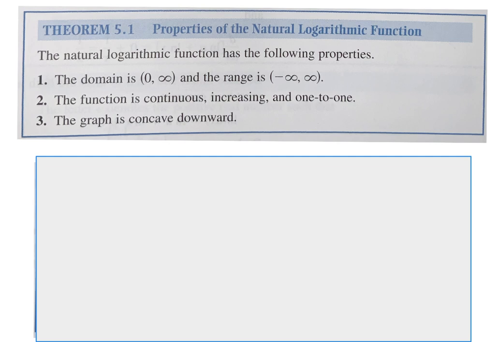Because if you were to try to put in your calculator the log of a negative number, it's going to say, no, that doesn't work. Because if you'll recall, the reason this first property exists is, if I were to take the natural log of, let's say, 10, I'm saying e to what power equals 10. You can do that. It's going to be a decimal. E is what, 2.71, and so on and so forth, non-terminating, non-repeating decimal. You can take e to some power and get 10.